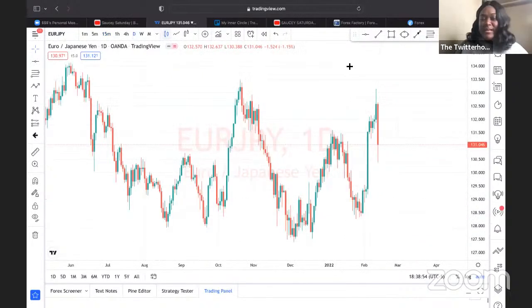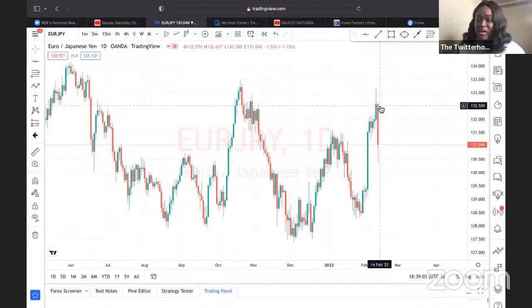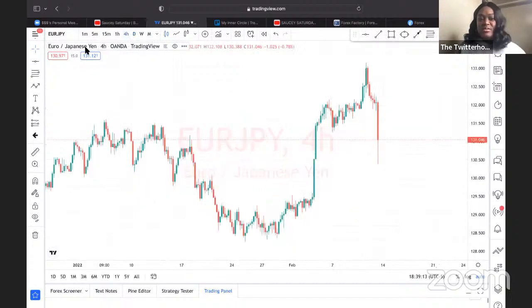Let's see on the day. Down crazy. That was crazy. So all day on Friday was a downtrend. So when I go from chart to chart, still looking at Euro JPY, but different time frames.